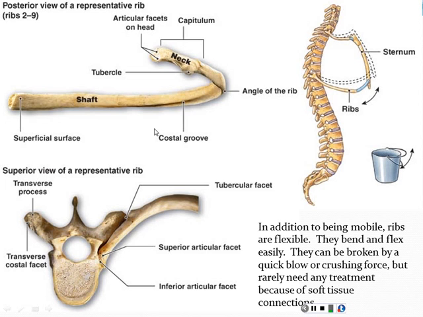Typically the way you get a broken rib is either with a very quick blow where they don't have a chance to bend, they just simply break, or with a crushing force. You end up with a car on your chest, and it literally will squeeze the bones until they break. But ribs don't break very easily, and when they do break, they heal very quickly as well because they're flat bones and not long bones like we talked about last time.